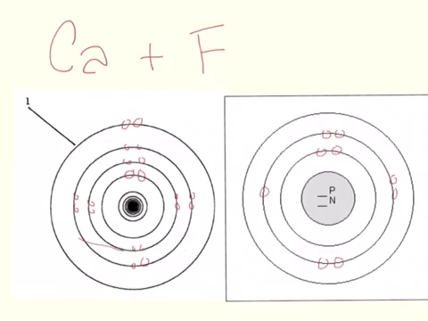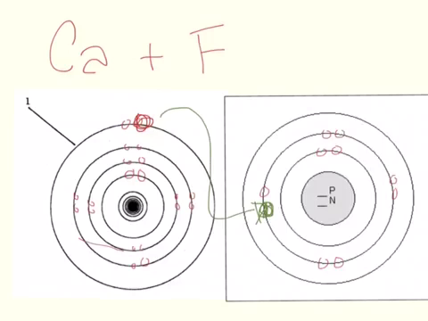Alright, so this is our first problem. We're going to be doing calcium and fluorine. Now, to do this ionic bond, you're going to have to take one of these electrons right here and move it to the fluorine, which is right here. And that electron's going to be right there.